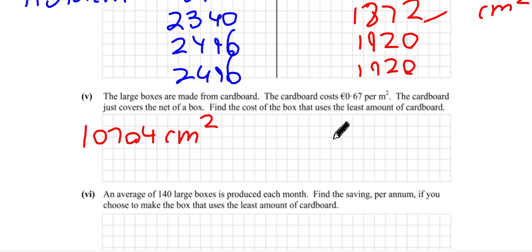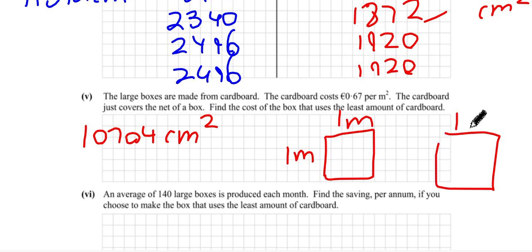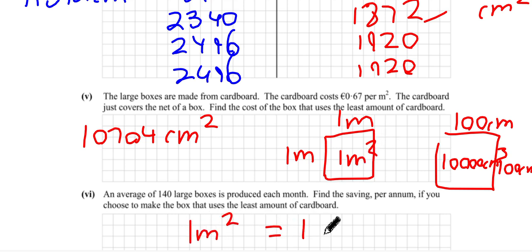Now, a meter squared is 1 meter multiplied by 1 meter, which is the same as 100 centimeters multiplied by 100 centimeters. So 1 meter squared is equivalent to 10,000 centimeters squared.